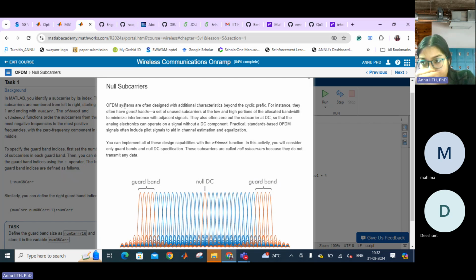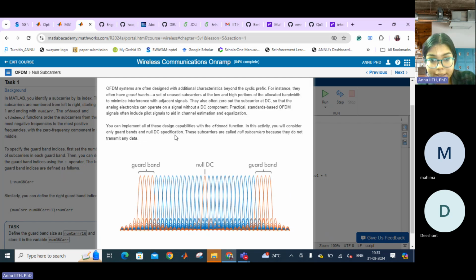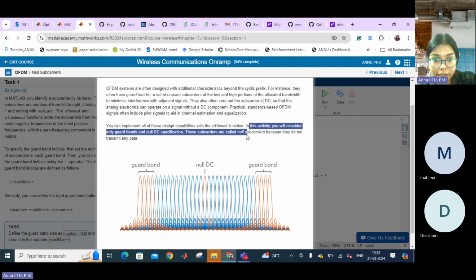Because if we don't have these subcarriers at the transmitter and receiver, there will be interference with the adjacent signals. We also often zero out the DC subcarrier so that the analog electronics can operate on the signal without a DC component. Thus there is a null DC component. These subcarriers are called null subcarriers because they do not transmit any data. In this activity, we will consider only guard bands and null DC specification.